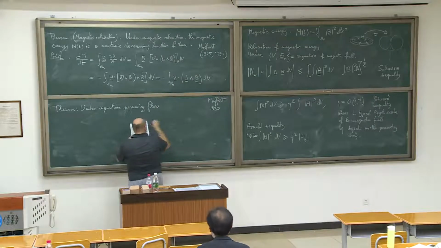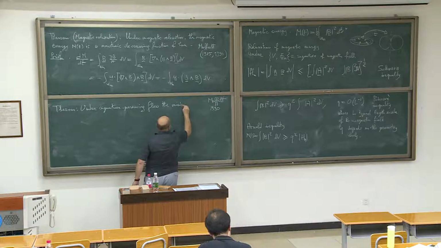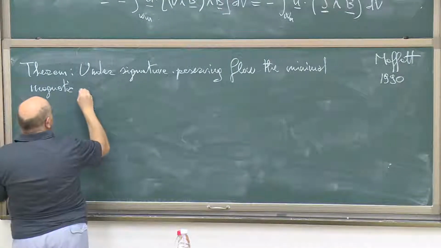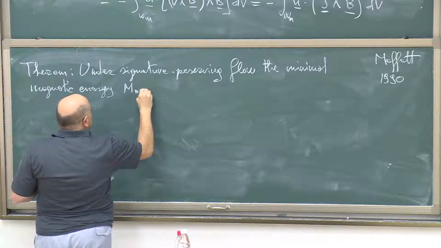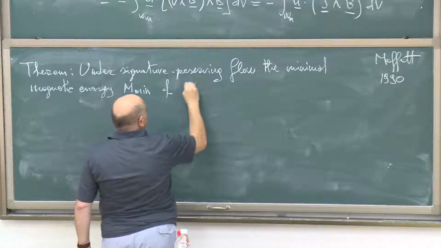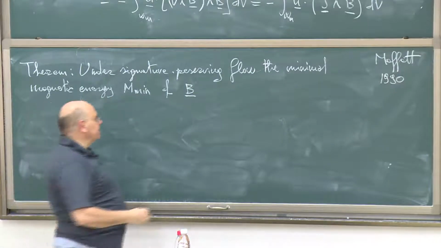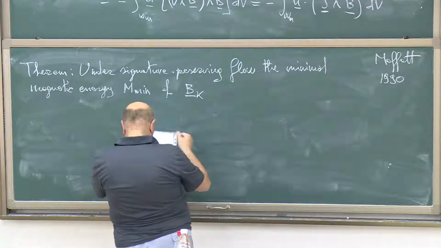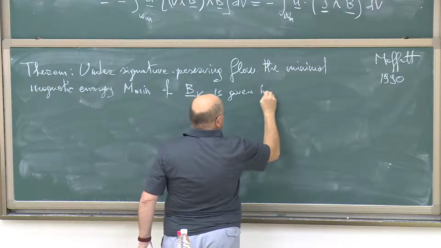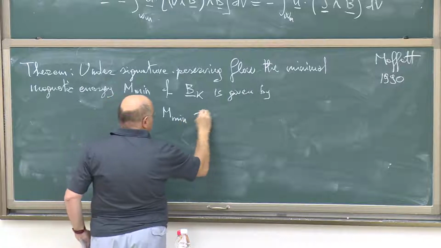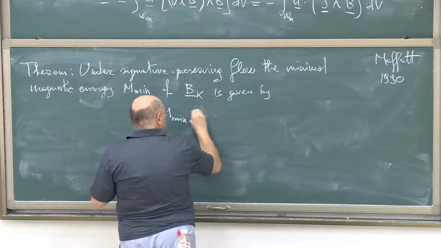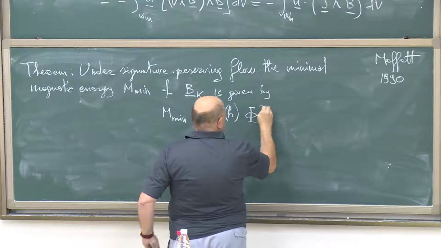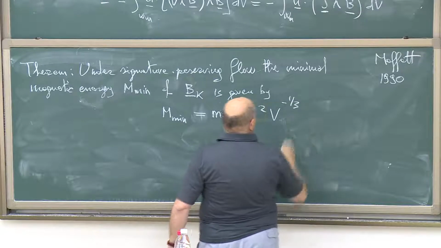The minimal magnetic energy, M min, of a field B, and now I consider for simplicity that B is in a flux tube, possibly forming a knot, is given by some function M of H, phi squared, times volume to the minus a third.